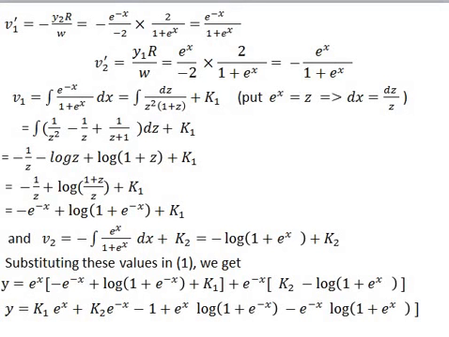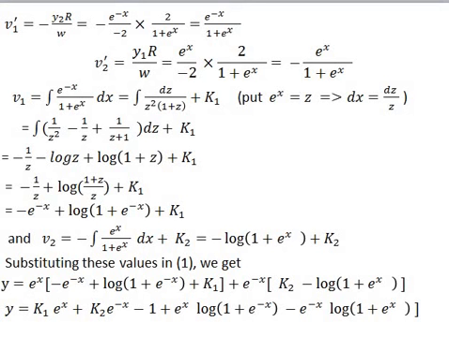So dz divided by z square into 1 plus z. By partial fractions, the denominator has a repeated linear factor, then integration of 1 by z square minus 1 by z plus 1 over z plus 1 into dz plus k1. So integration of 1 by z square is minus 1 by z. Minus 1 by z integration is log z plus logarithm of 1 plus z plus k1. So minus 1 by z plus, since log m minus log n is log m divided by n, that is log of 1 plus z divided by z plus k1.